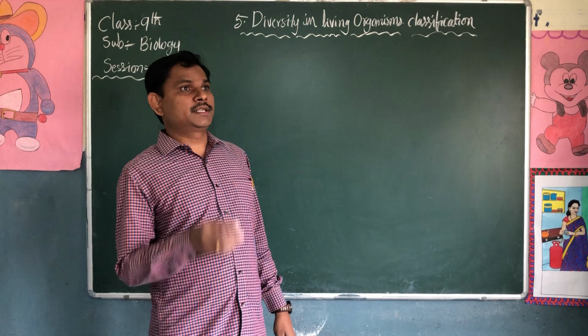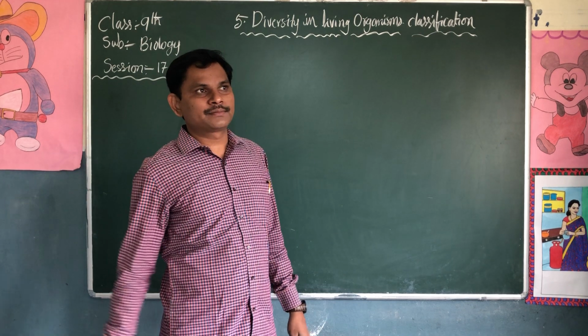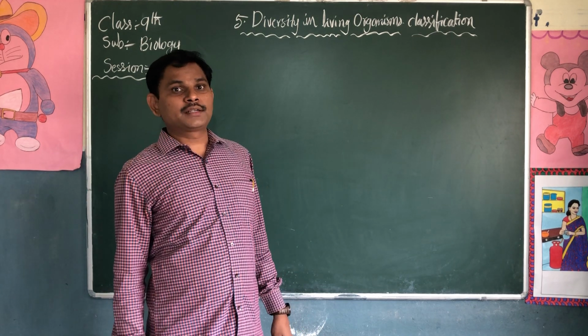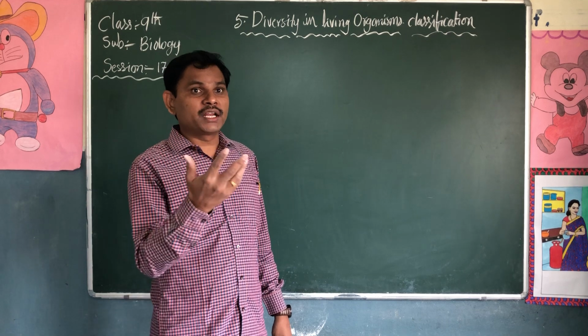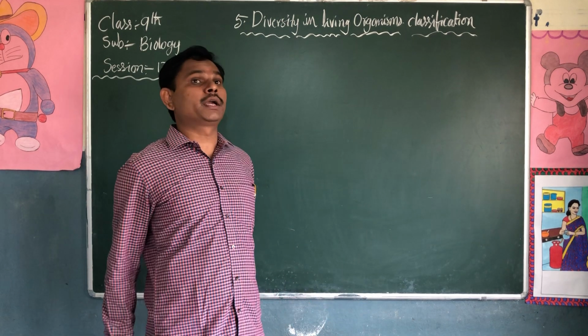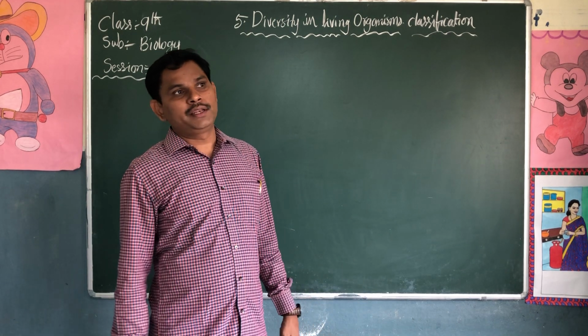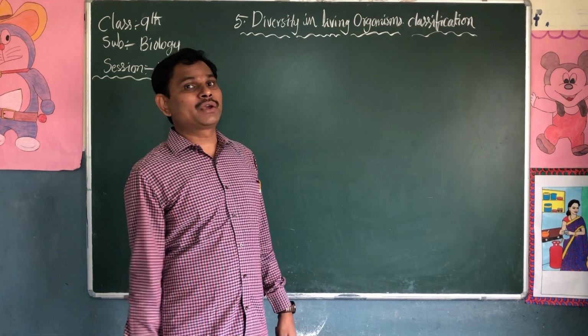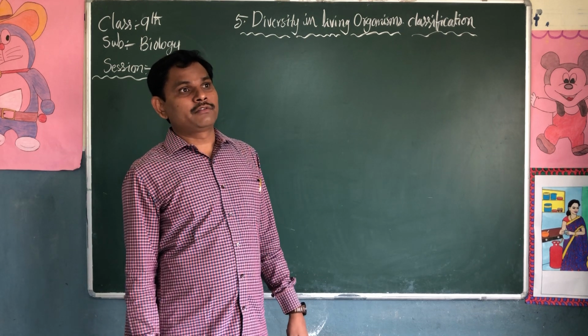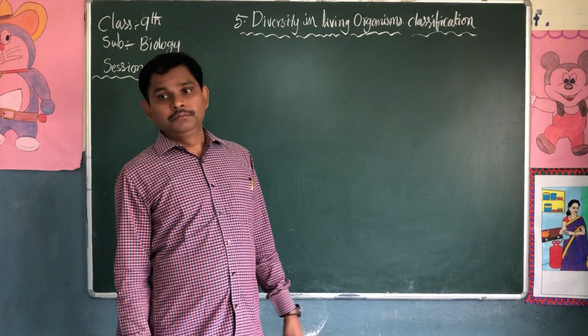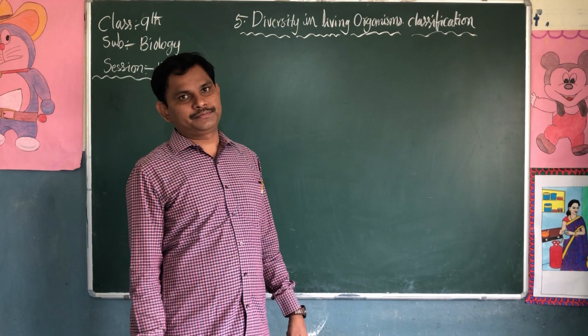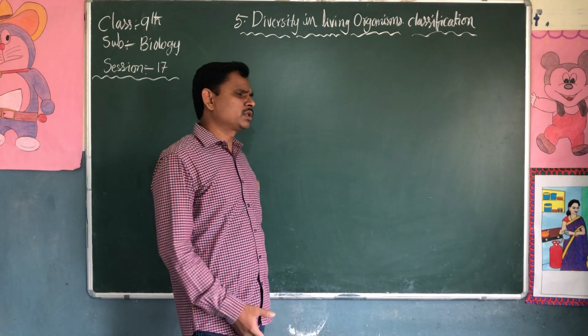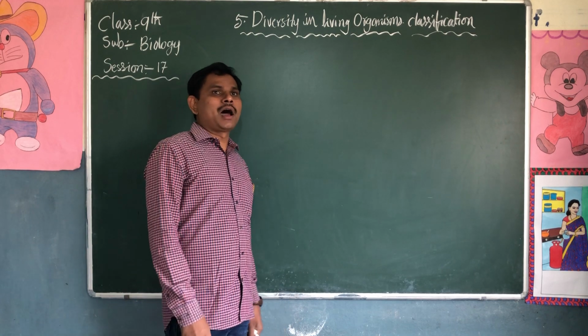We can see some animals with our eyes, but we cannot see some organisms with our naked eyes. They are microbes, the micro world. In 8th class, the world of microbes is there. So there are different types of organisms.